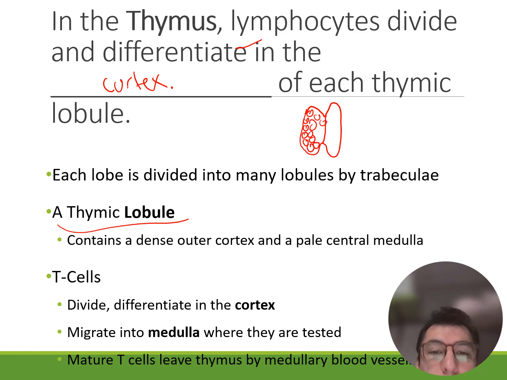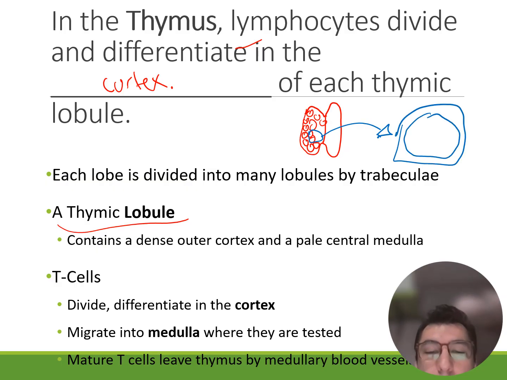Now, each one of these lobules, if you bring it under a magnifying glass, you're going to see that they have a cortex and a medulla. It is in the cortex that we divide those T cells, and on the inside is where we test them.